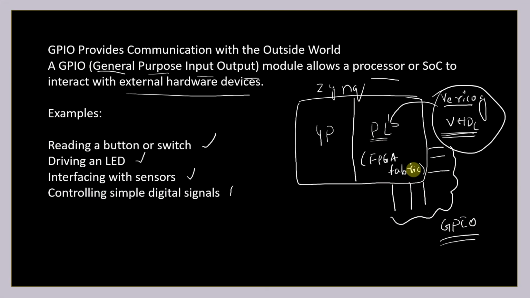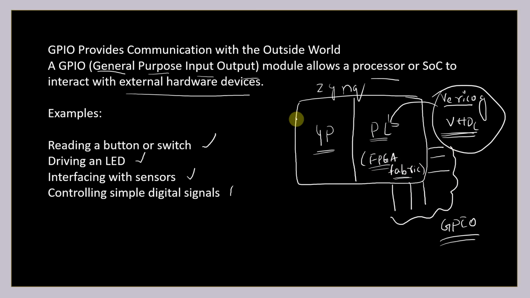These are not connected directly to your processor, but directly to your FPGA. The reason is that your FPGA is very fast, and its processing speed is higher. You can read the data directly if the GPIO is directly connected to your FPGA.